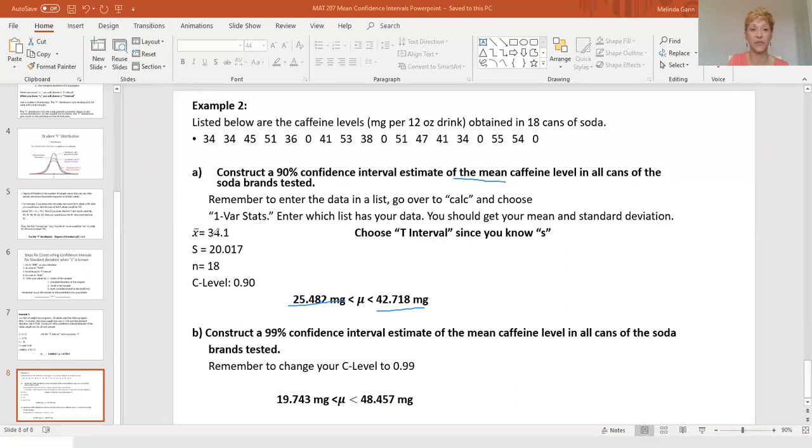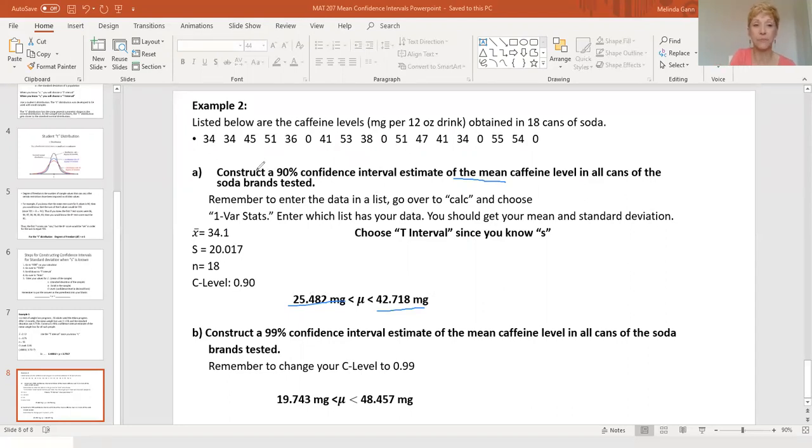And when you do, it'll give you these values. And you can kind of round where you want to, but since these numbers are whole numbers, I'd at least round to one more place of accuracy, so at least the tenths. So you enter the values that you got. Confidence level was 90%, so that's why I put decimal 90. When you hit calculate, this is in the parentheses. That's the number on the left, that's the number on the right. If you know it's milligrams, put milligrams on there.